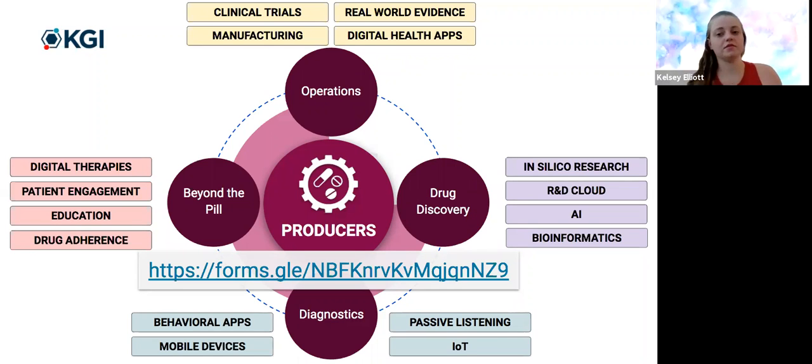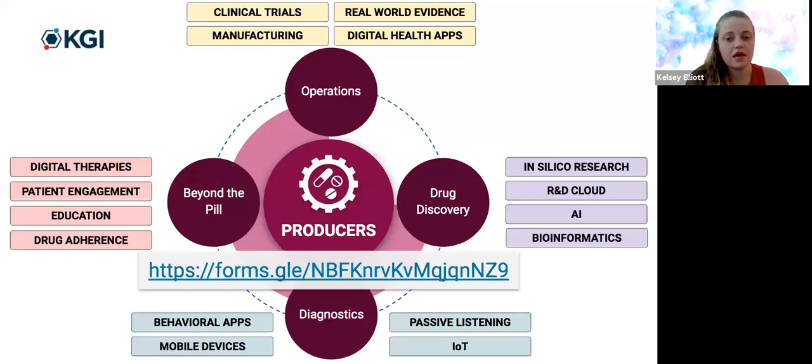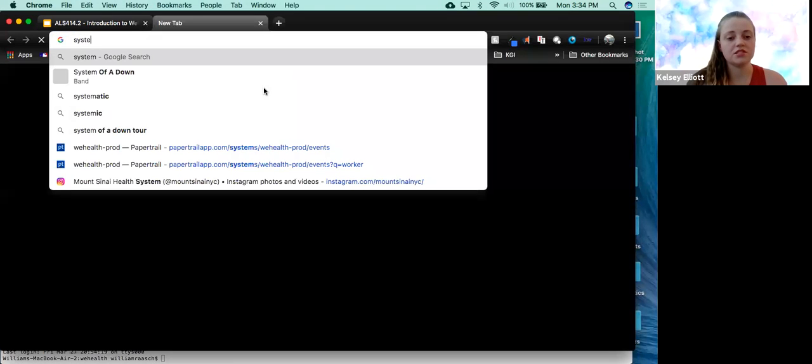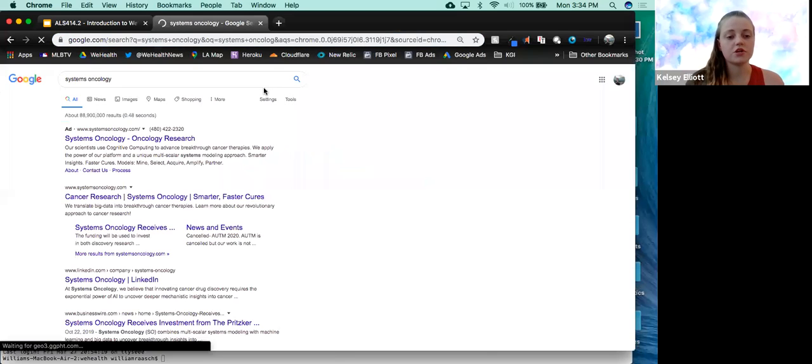I can do mine. Okay, great. So I found a company called Systems Oncology. What they're doing is using AI to better understand the data sets that they get from cancer.